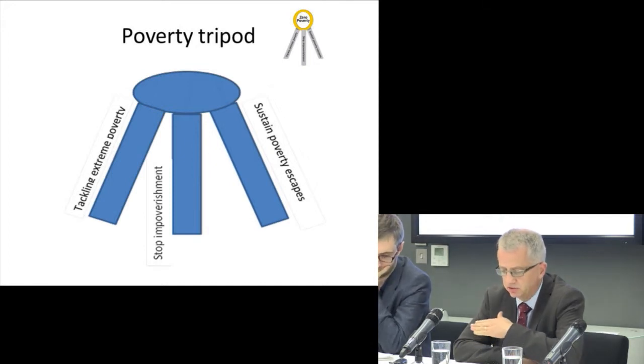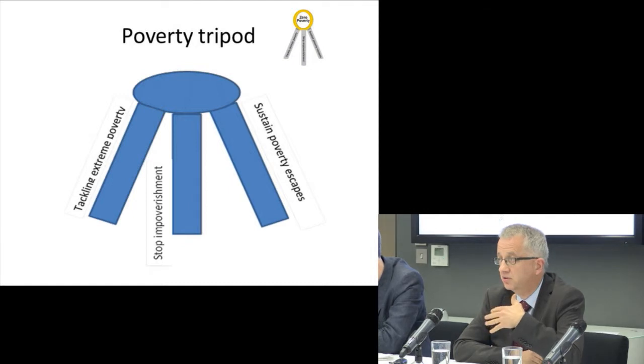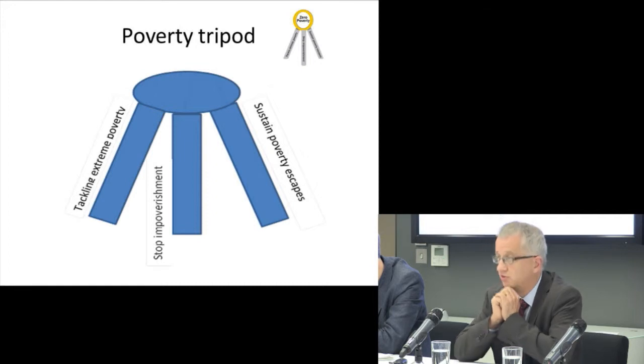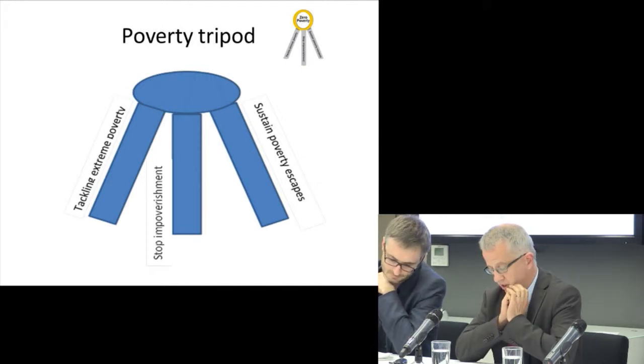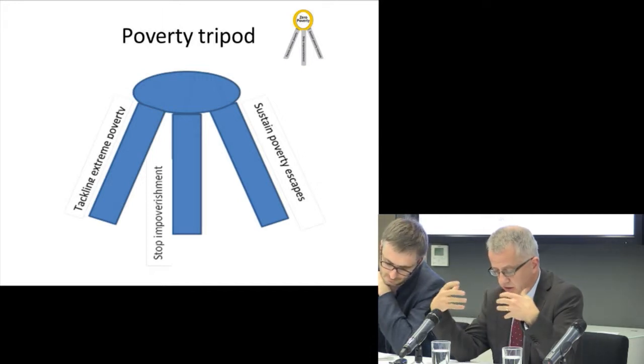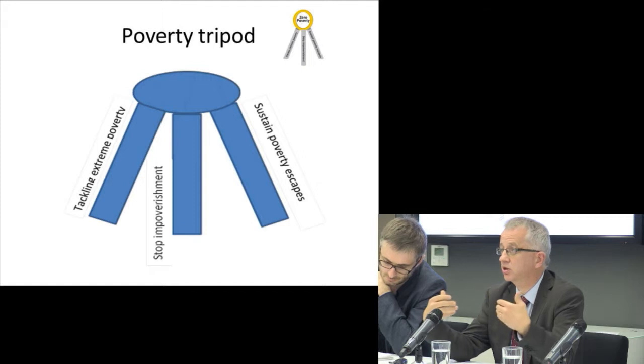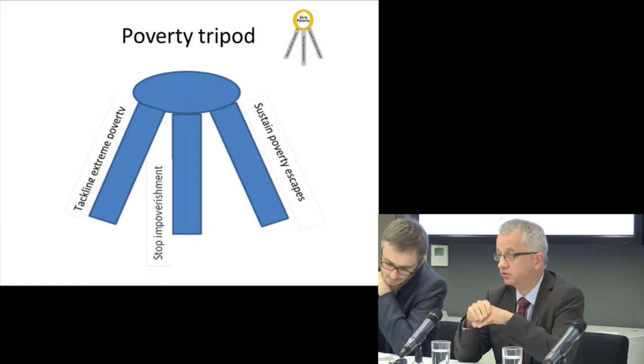And underneath there are sub-policies or interventions that support each of these three legs. And there is also, at a more general level, a need for progressive social change, which we discussed intensively this morning, of course, and also the need to work to change social institutions.